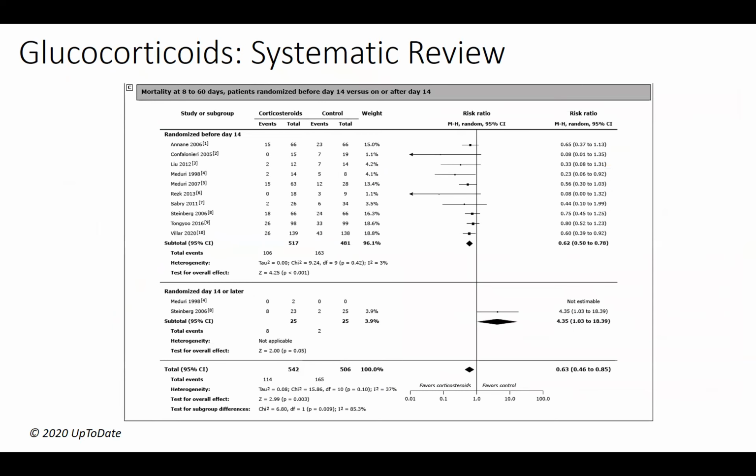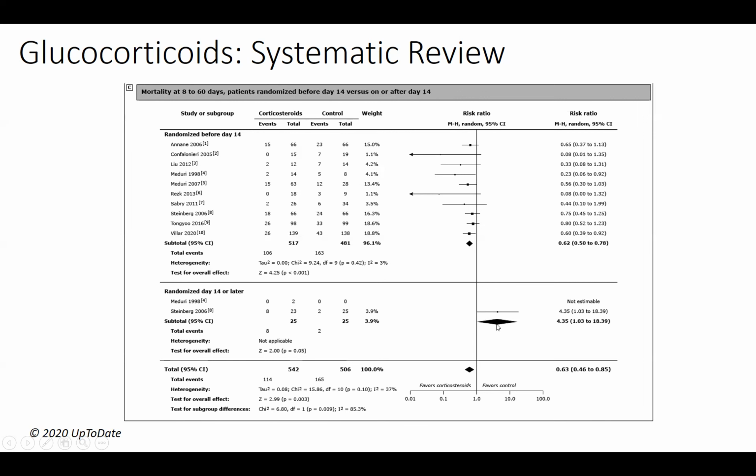This is a systematic review of multiple corticosteroid data. On the left, it favors glucocorticoids, on the right, it favors control, and overall, it does favor corticosteroids. This is a subgroup of those randomized at day 14 or later, and it favors control.